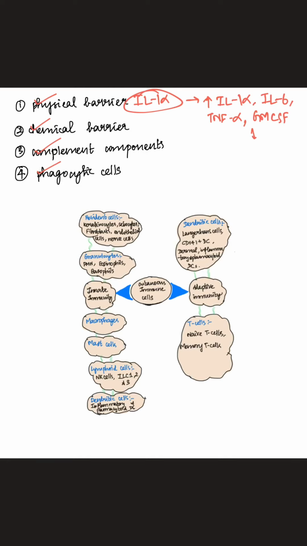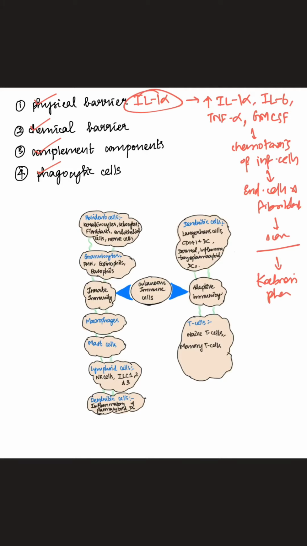All this will lead to chemotaxis of inflammatory cells into the dermis, and this further leads to the activation of endothelial cells and fibroblasts, which leads to scar formation. This phenomenon is also reported to be the cause for Koebner's phenomenon.